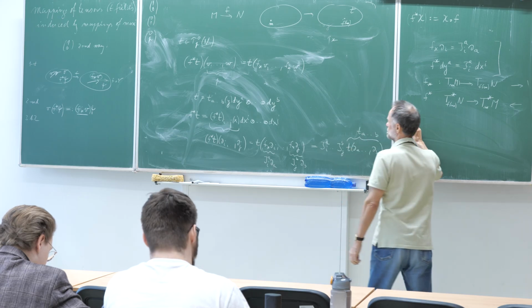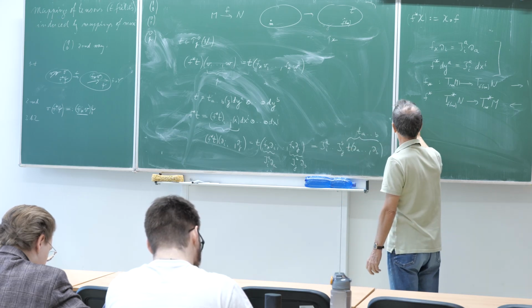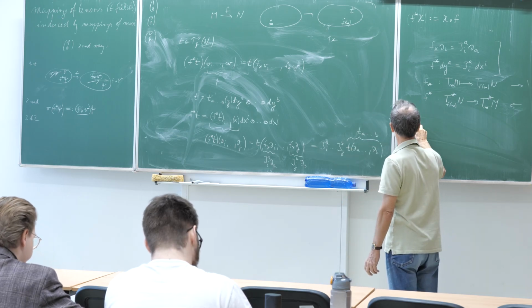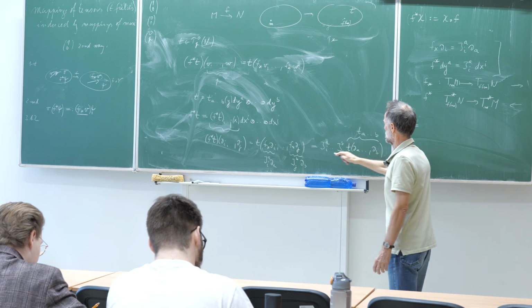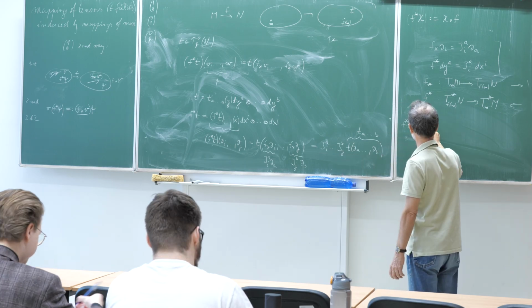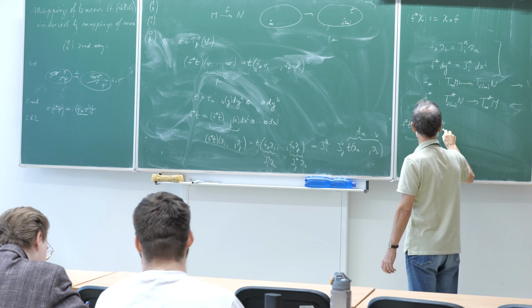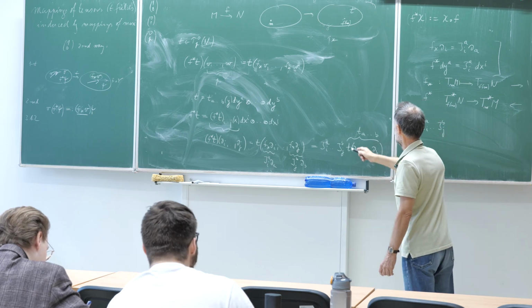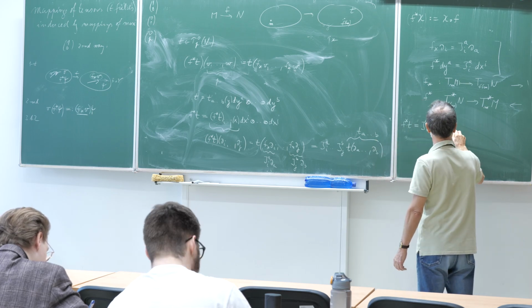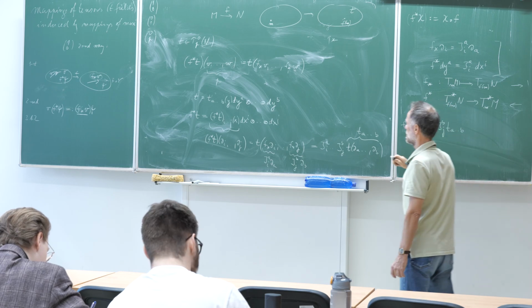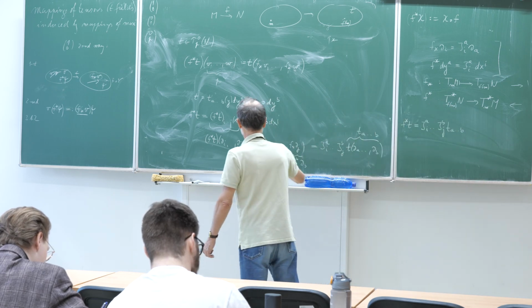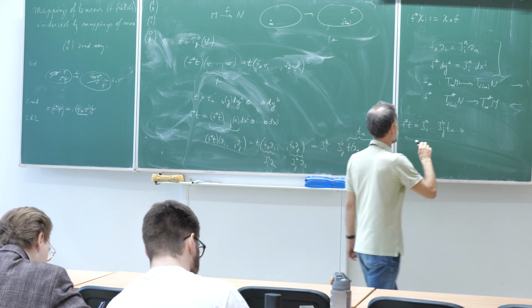So we see that F*T has these coordinates J^a_i, J^b_j, then T_ab, and the basis dx^i, dx^j.